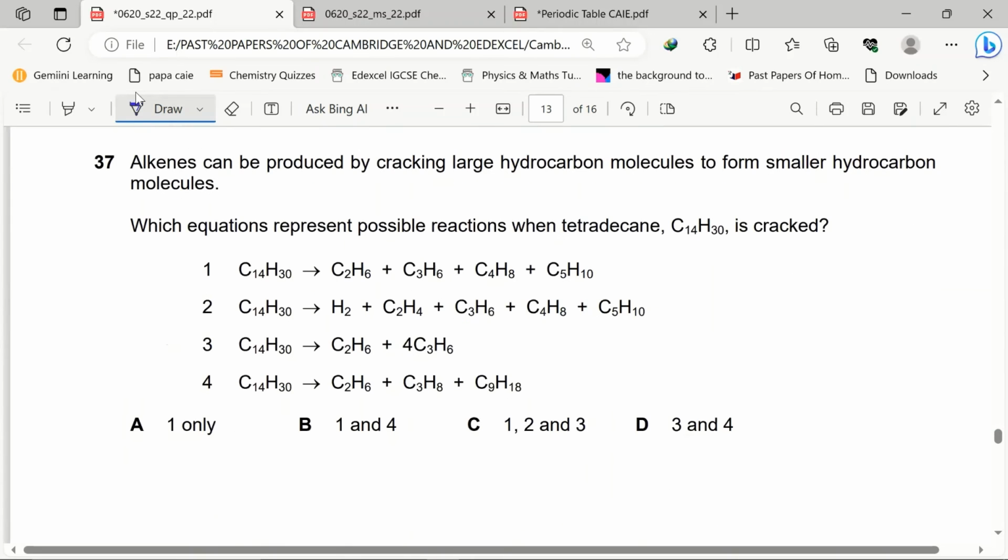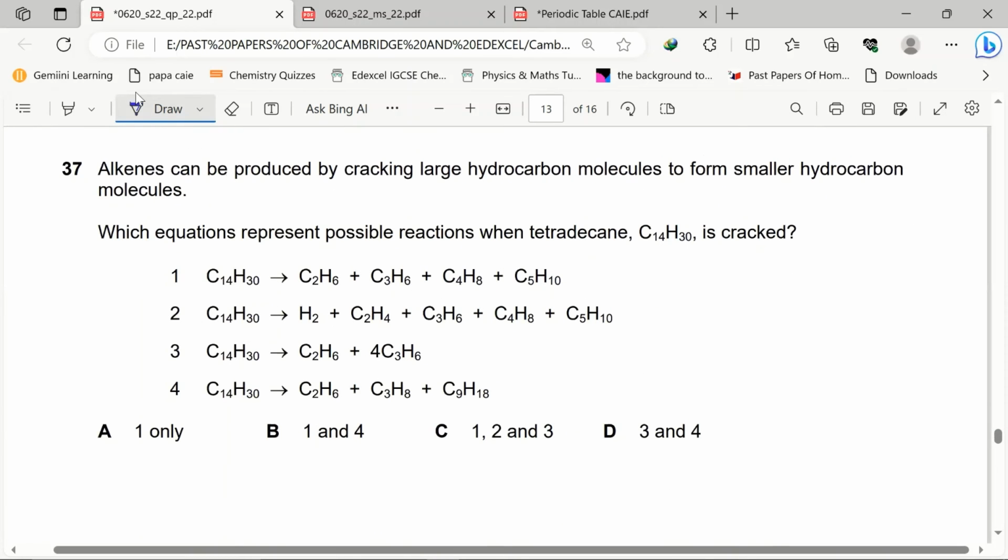And number 37, alkenes can be produced by cracking large hydrocarbon molecules to form smaller hydrocarbon molecules. Which equations represent possible reactions when tetradecane is cracked? Tetradecane, C14H30. Which equations represent possible reactions?